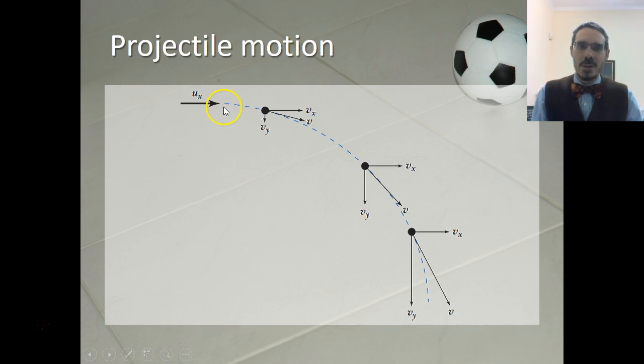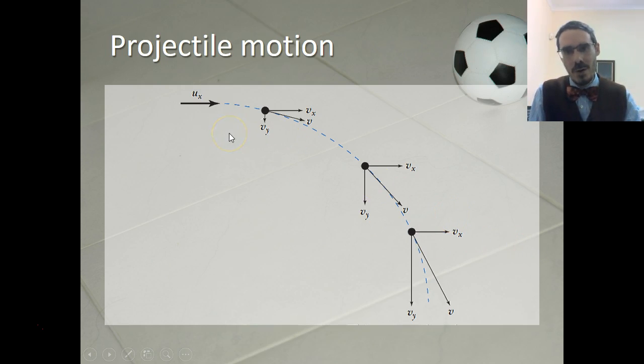With projectile motion, you give your object that's getting thrown some horizontal velocity, and then as it falls, it gradually picks up vertical velocity. If we ignore air resistance, obviously air resistance is going to make a difference here, but ignoring that, the horizontal component of the velocity is going to stay constant.